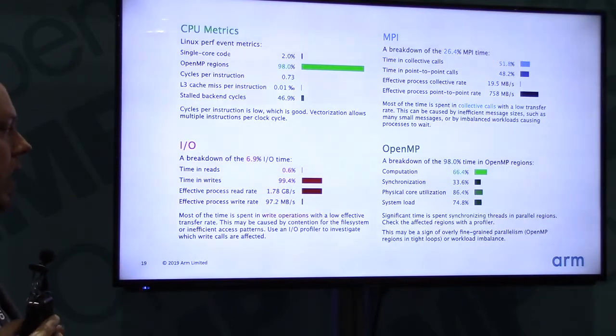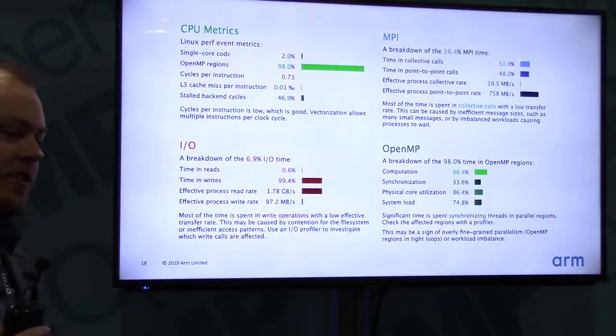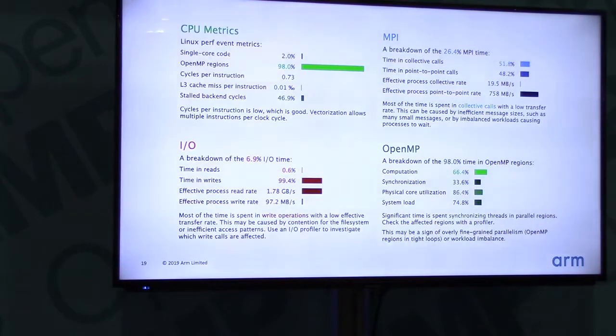The synchronization represents time where OpenMP threads are essentially sitting idle, waiting for others to finish the regions. So a high number here will potentially indicate some kind of workload imbalance to address. And if you look at all the individual sections, this includes advice that you might want to follow to try and address some potential issues.